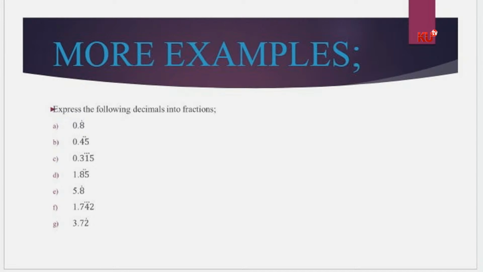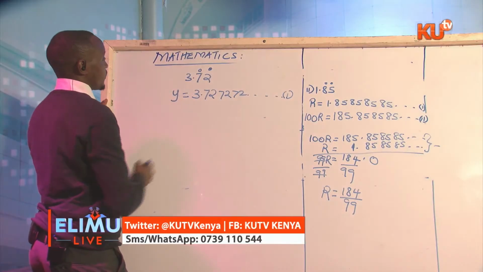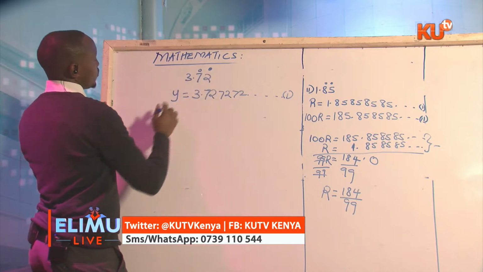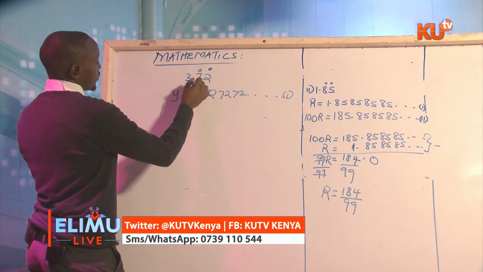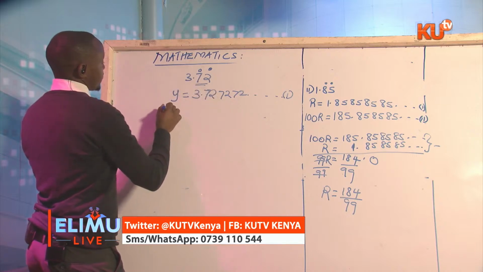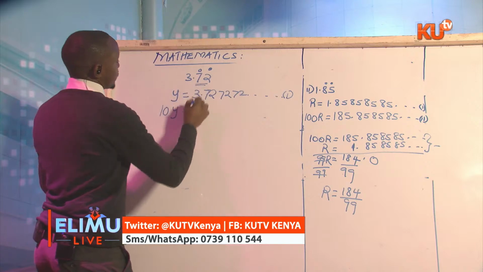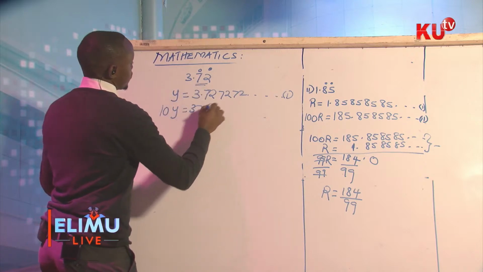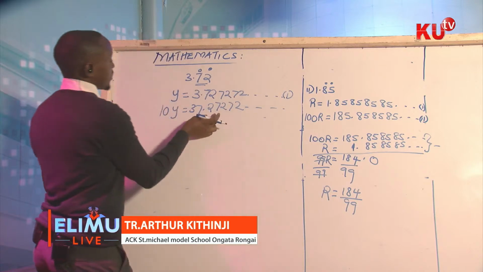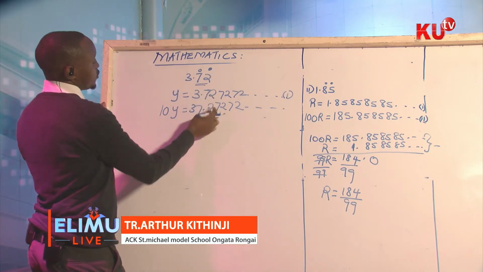So that means that our decimal here is 3.727272. We have done this example previously where I've said that if the two digits recurring are 7 and 2, that means you multiply by a multiple of 10 with 2 zeros. If you multiply this by 10, that is 10y, this becomes 37.27272. And you see, we are not able to subtract 7 and 2 to get 0.